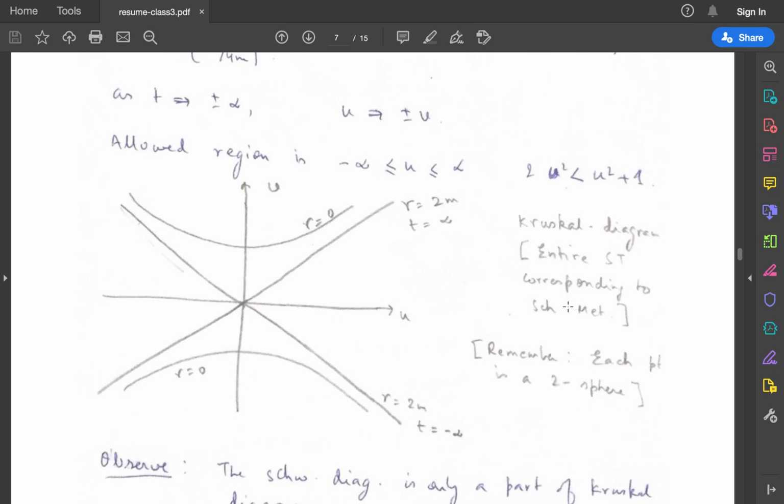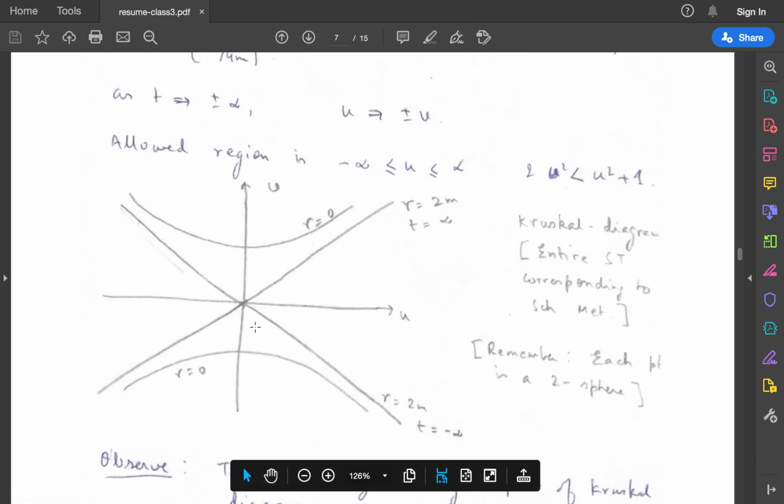We get to see the whole manifold. So this is the r equal to constant hypersurface. The r equal to 0 is also a constant hypersurface, and this is the line of r equal to 0, this and this. And r equal to twice m is this line, a line of slope plus or minus 1.